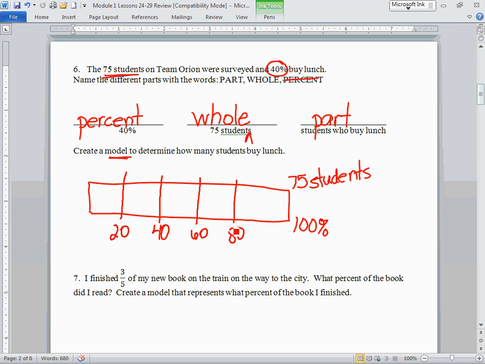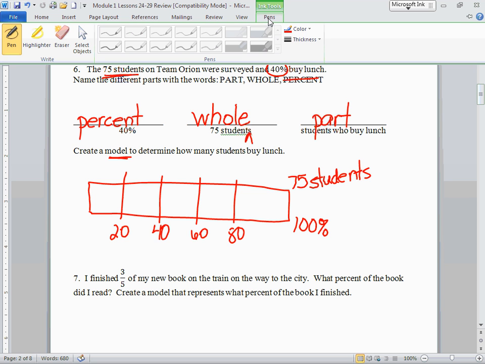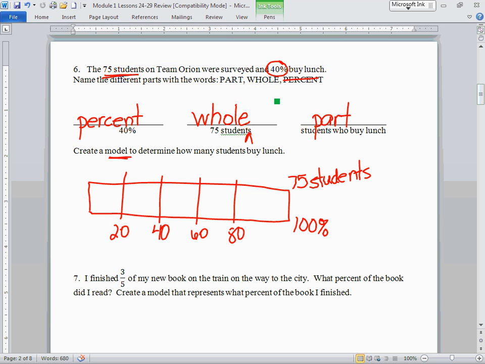Now it looks like on the top number line, I chopped up the 75 into how many pieces? 1, 2, 3, 4, 5. So I chopped up my 75 into 5 pieces. So 75 divided by 5 is? 15. So now I can label the top part of my diagram.